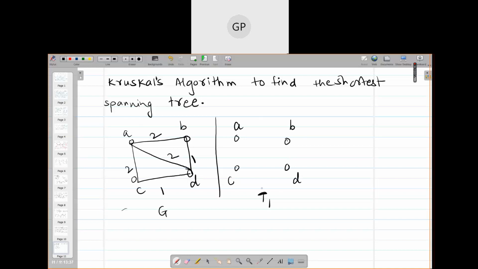Girls, please tell me fast. 3 edges. So which 3 edges should I take? Suppose I take this, AB.